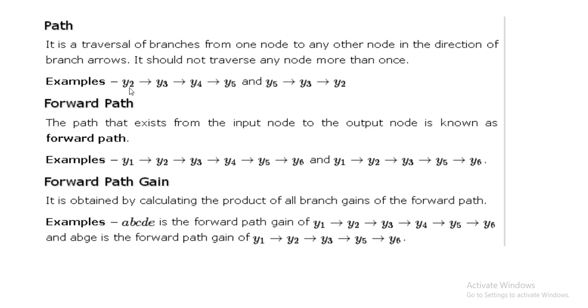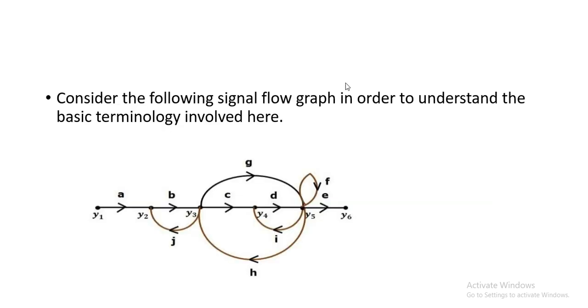That's why y2, y3, y4, y5 is represented like this. Similarly y5, then y3, then y2. So the path is nothing but the direction of arrows, but every node must be visited only one time.